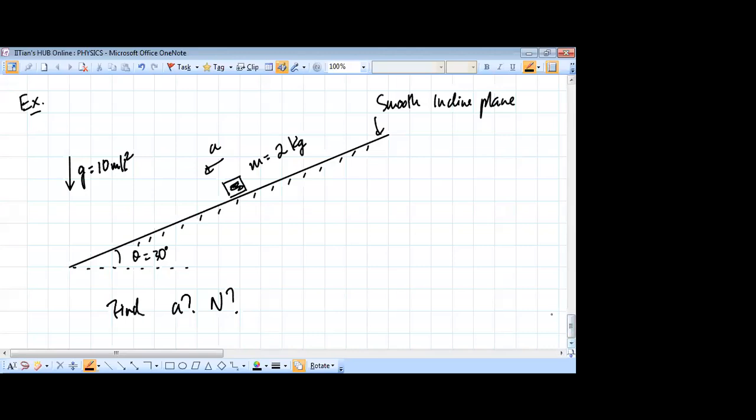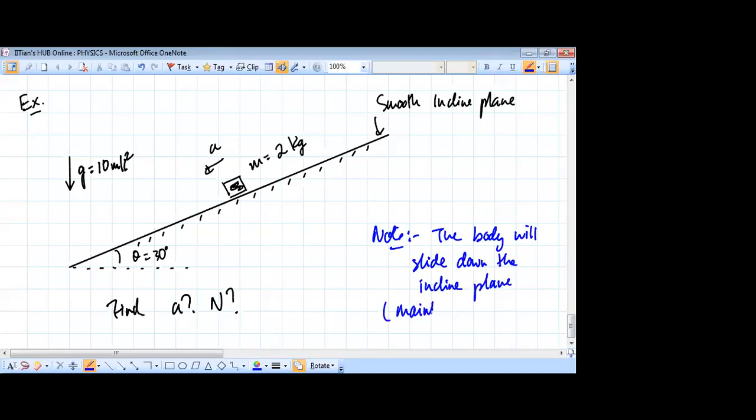Okay, so here the first thing you have to understand is that the body will slide down the inclined plane, maintaining contact.